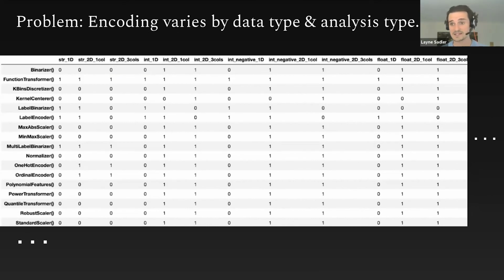But as I'm starting to learn myself, different contributors will think about schemas and how to structure their code differently. So each scikit-learn encoder doesn't even really belong to the same module. On the right, the x-axis is the data type, and the y-axis is the different encoders, and a 1 or 0 means it does or doesn't work with that data type or dimensionality.